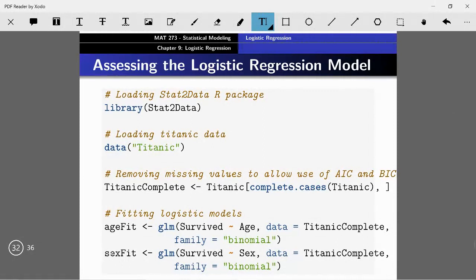But when the logistic model was fit using the sex of the passenger, it kept everything in. It didn't have those missing value problems. So those were actually using different data sets. To work around this, I just subsetted to a complete data set. I removed rows with any missing values using this code and then compared the models that way. Otherwise, the comparison using AIC and BIC is not valid when the same exact data is not used.